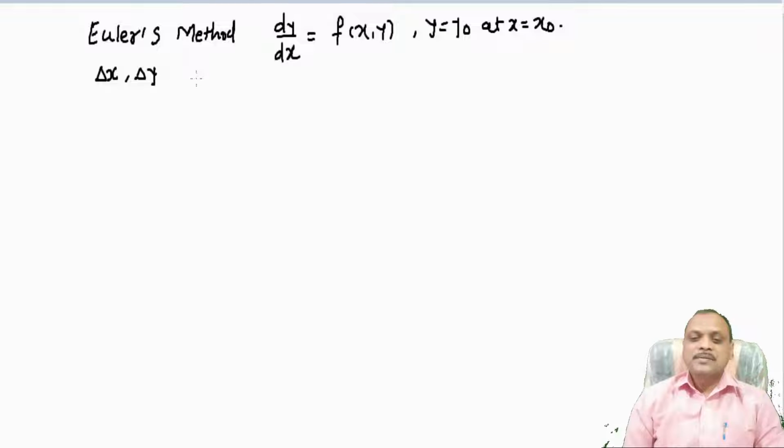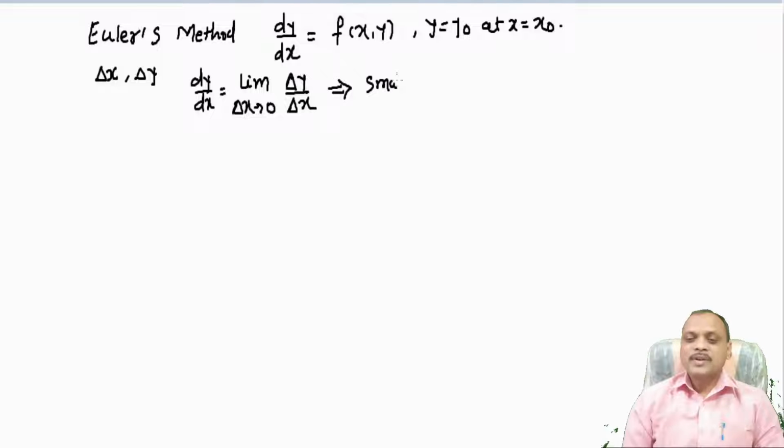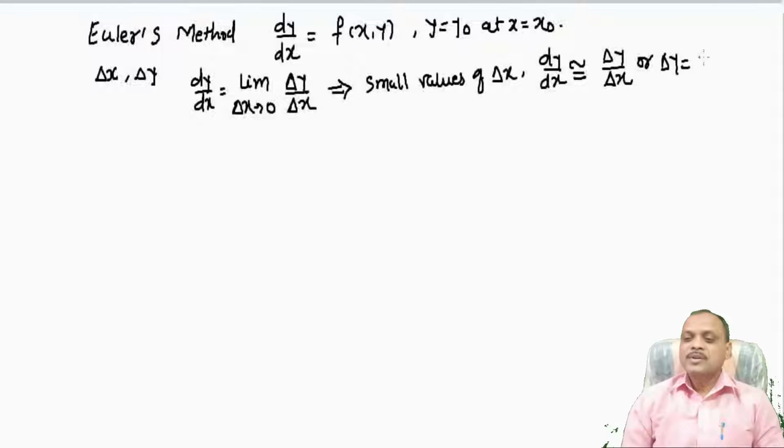And the definition of dy by dx is nothing but the limit of delta y divided by delta x, where delta x tends to 0. Now, for small values of delta x, we write dy by dx is approximately equal to delta y divided by delta x, or delta y equal to dy by dx into delta x.